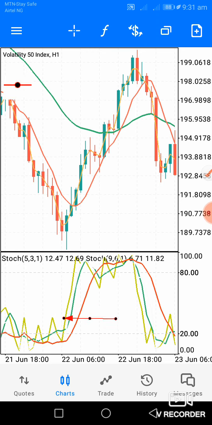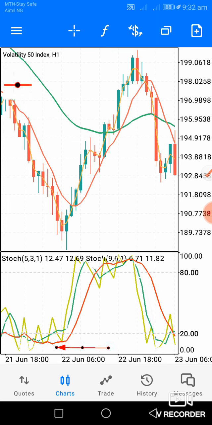First, in the stochastic, you check this lemon green line. You can set the color to yellow or the lemon. Let me use the lemon. As I said, if this lemon crosses the green and also crosses the red, but in this situation you will discover that our red stochastic is below.